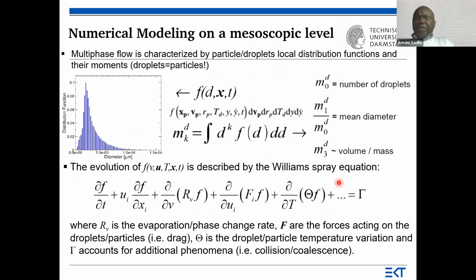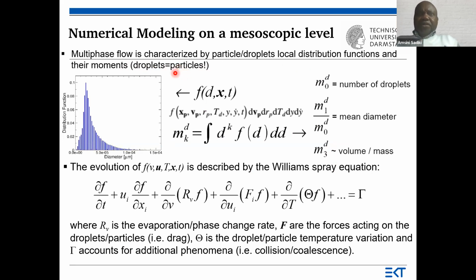Let's go into details by considering a mesoscopic level. Dealing with the mesoscopic level, we see that the multiphase flow is normally characterized by droplets or particles, we say, of different sizes.